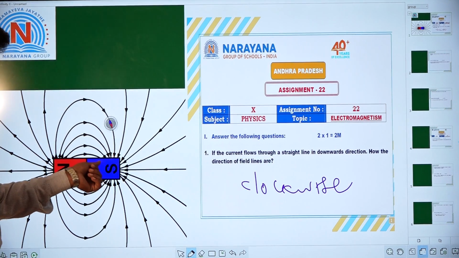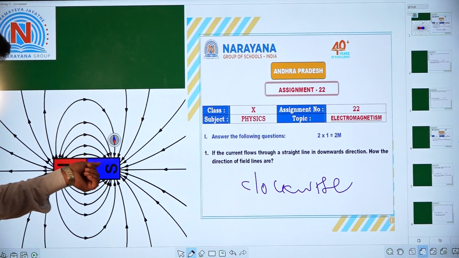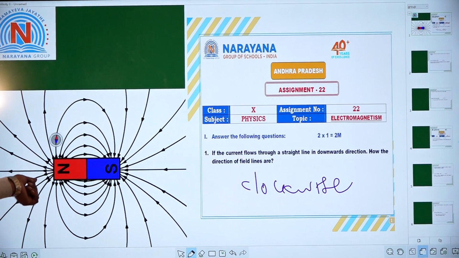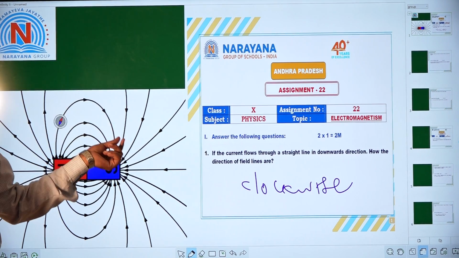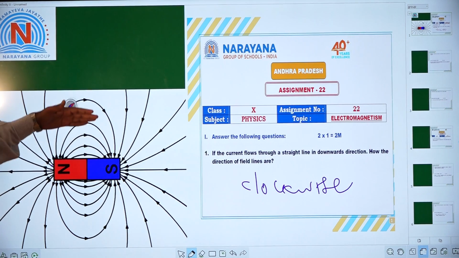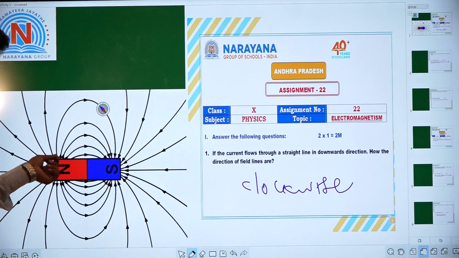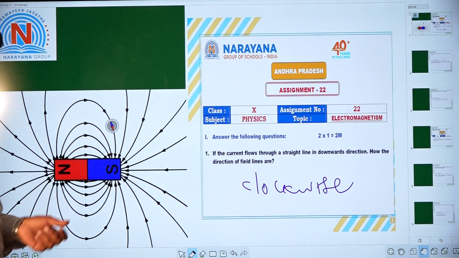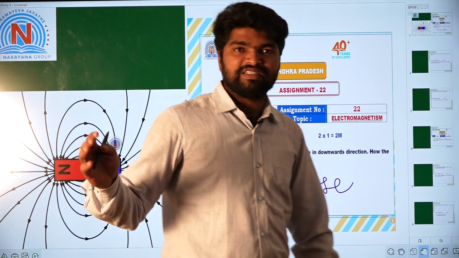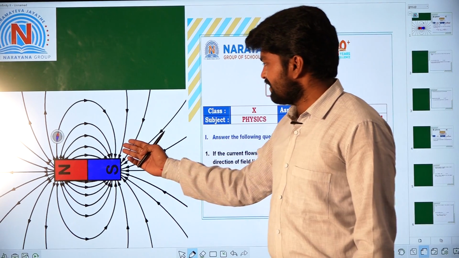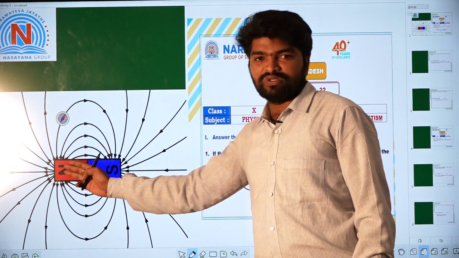Actually these are imaginary loops inside the bar magnet. We can conduct this experiment by placing a magnetic compass needle above and below the bar magnet. You can get the directions. The red color of the magnet is north. In the case of the magnetic compass also you will get the same, as it shows the deflection.